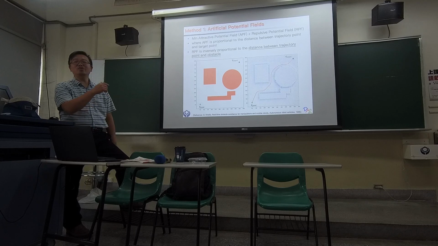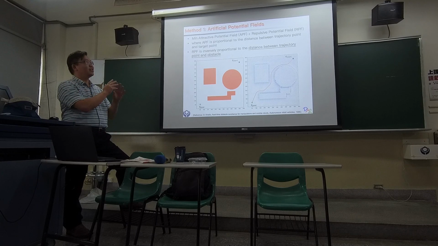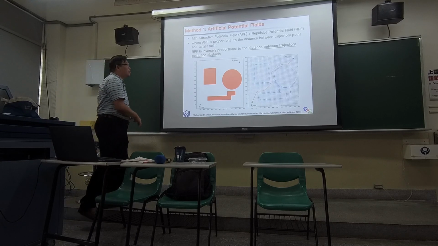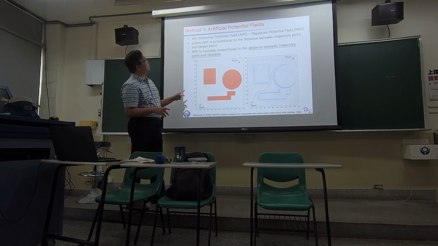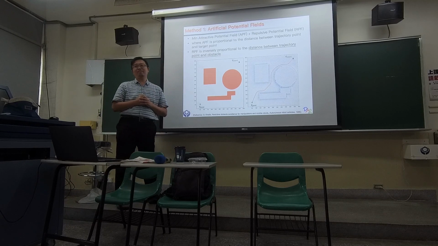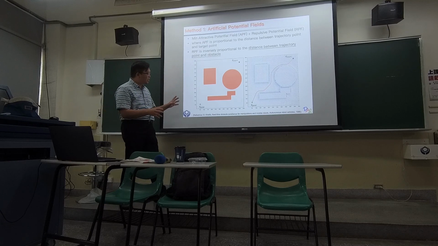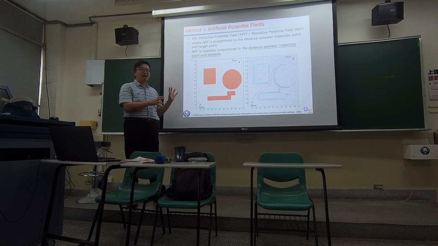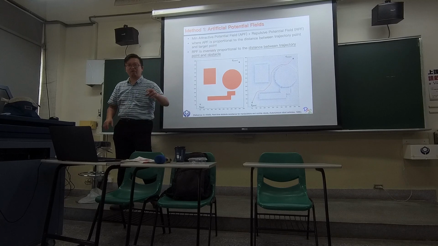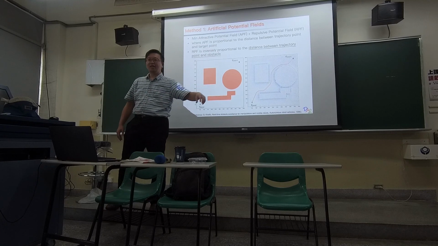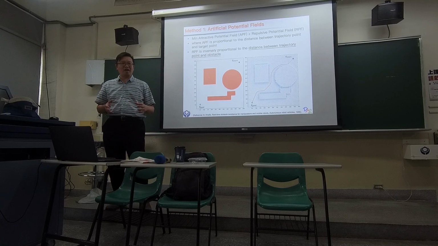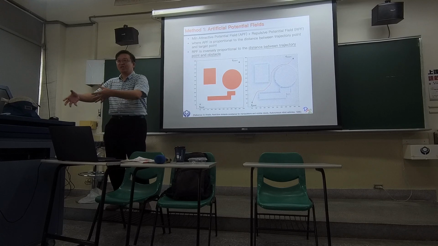So let me tell you what people have done in this field. There is one way, so-called the potential field method. All kinds of potential field. Basically, this algorithm not only can be used for robot planning, can also be used for like a vehicle positioning.